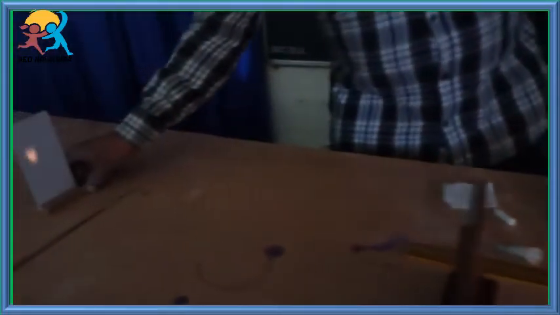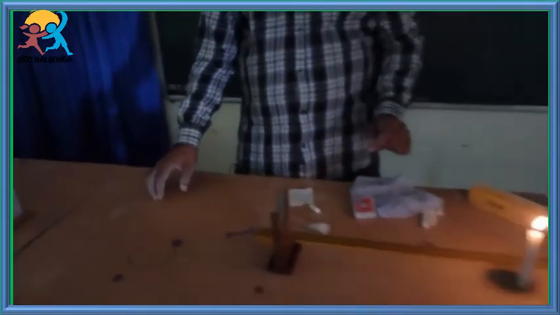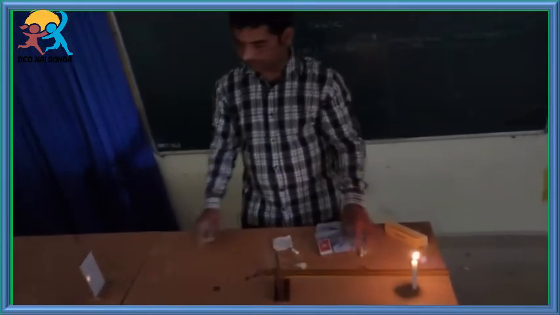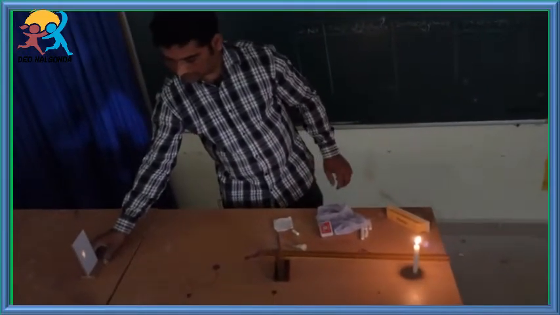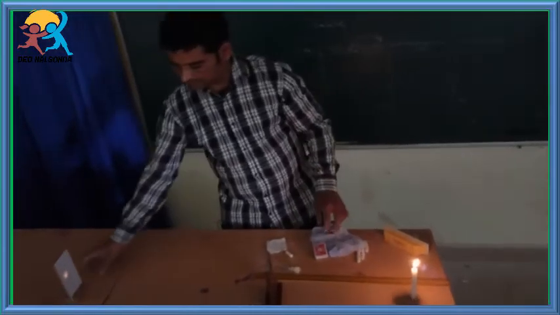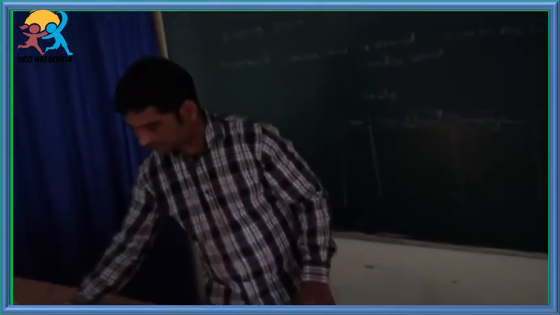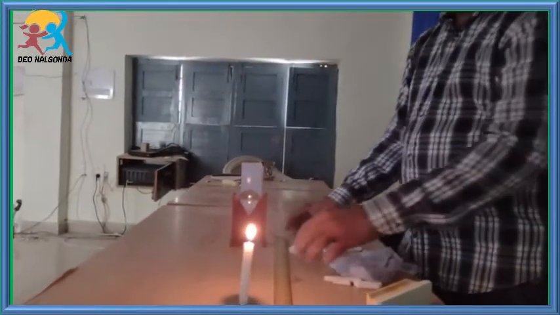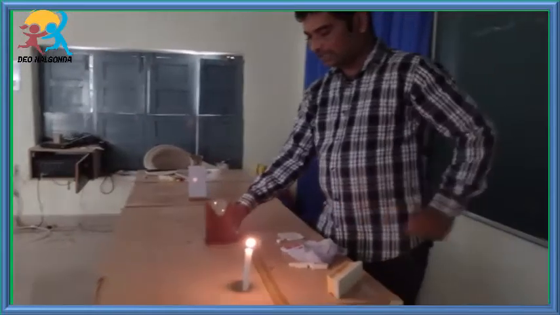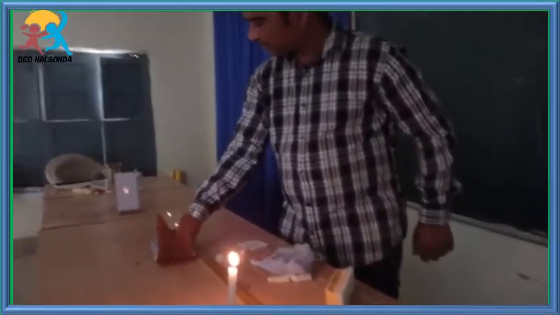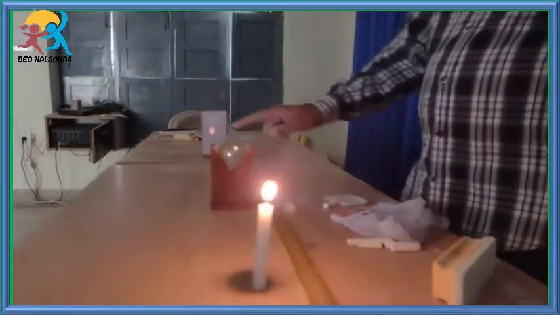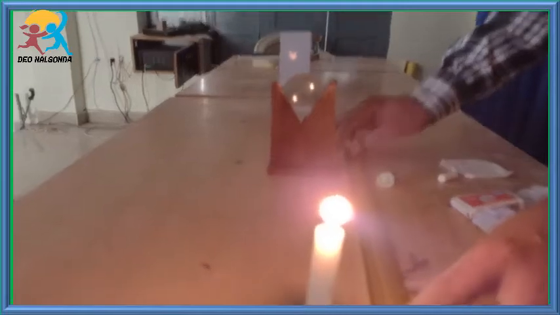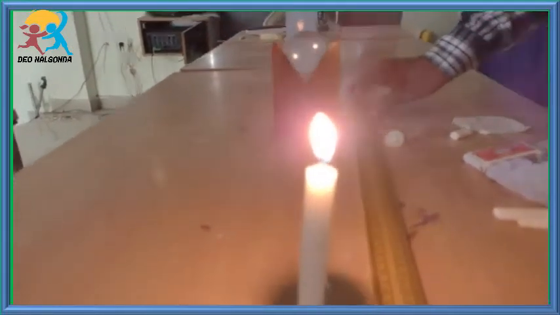Now the procedure: place the convex lens in the V stand, and the screen or white paper and candle must be on the same axis. Now take the candle and light it. Place it here and observe the distance between the object and this lens, that will give the object distance.